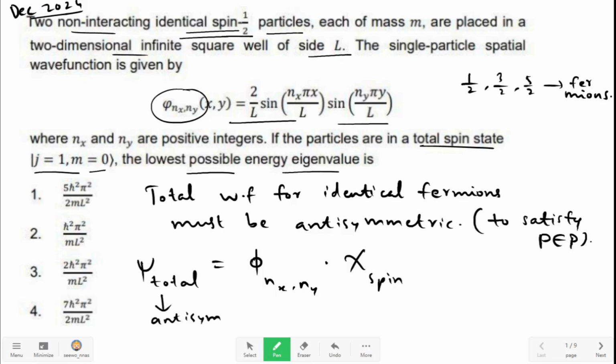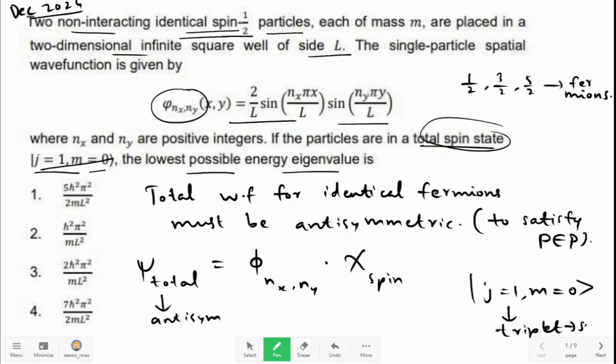Now we are given the total spin state j equal to 1, m equal to 0. This is a triplet state, and the triplet state is symmetric. Therefore the given spin state is symmetric. For the total wave function to be antisymmetric, we need the spatial wave function to be antisymmetric.